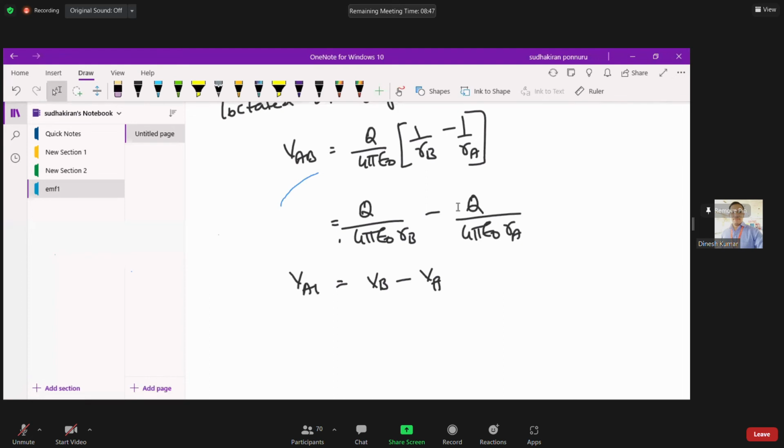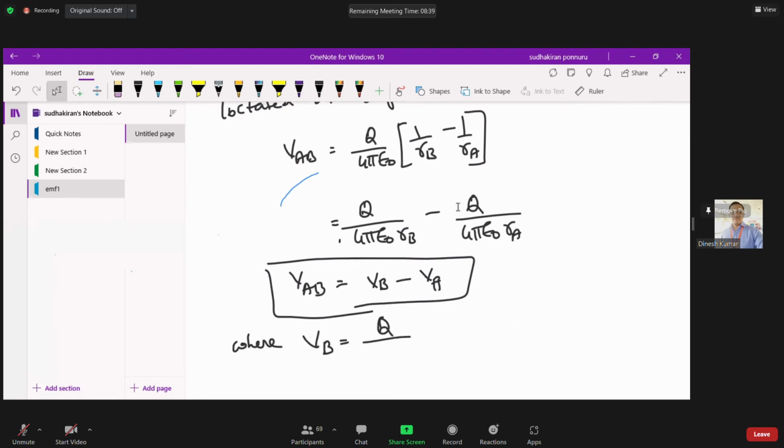So VAB is equal to VB minus VA, where VB is equal to Q divided by 4 pi epsilon naught into RB, and VA is equal to Q divided by 4 pi epsilon naught into RA. So this is the expression for case 1.